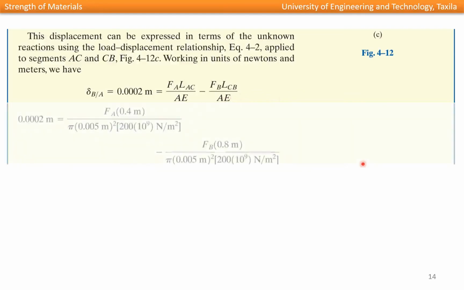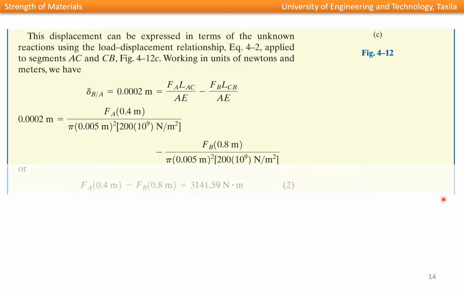Now put the values for length in meters, the cross-sectional area of the rod, and modulus of elasticity in both these expressions, and solving it we get this equation. So this becomes the second equation, which is obtained from the compatibility condition. Now we have two equations, one from the equilibrium and the other from the compatibility condition.